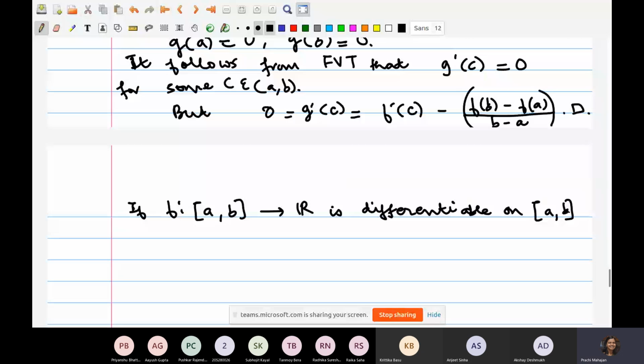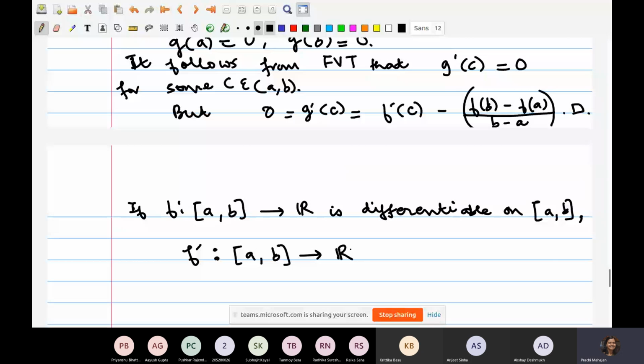So suppose f is differentiable on the interval [a, b], then one can talk about the function which is the derivative of f. Now the derivative of f is another function which is defined everywhere on the interval [a, b].